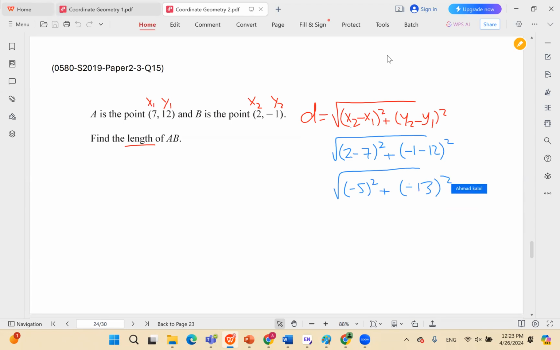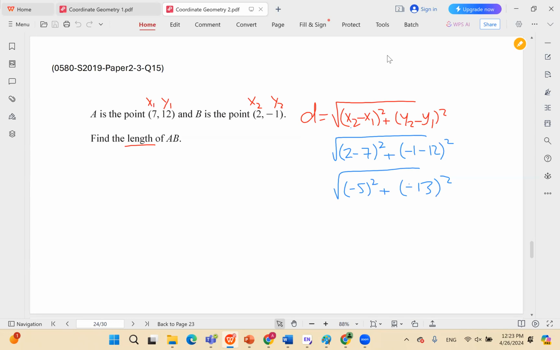Of course, you can use your calculator to figure this out. I'm going to write them on the calculator now. So -5 squared plus -13 squared. Of course, on the calculator, you can either ignore the negative because you know that the power 2 will cancel the negative, or you put -5 in brackets and you put the power 2 outside.